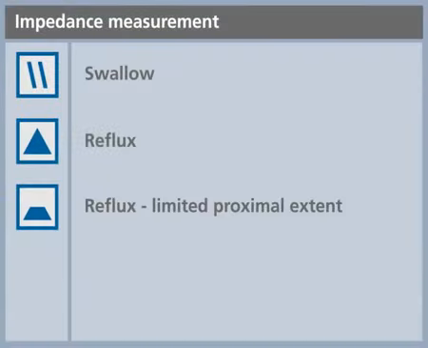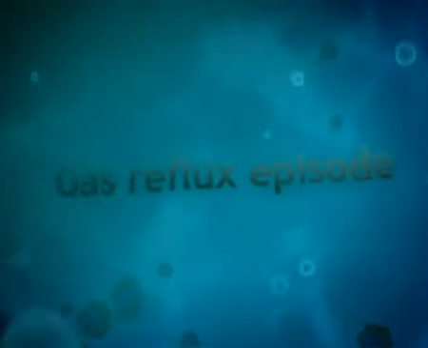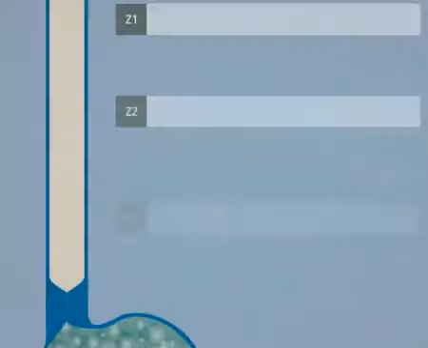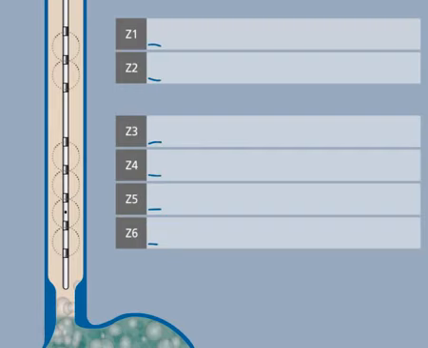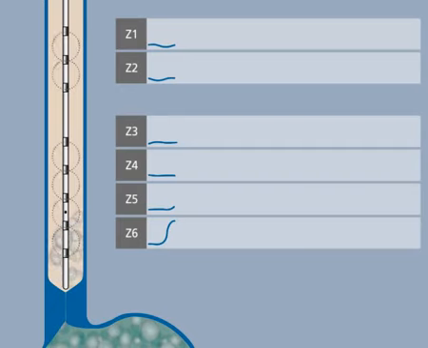We will now explain the impedance pattern of a gaseous reflux. Air is released from the stomach. This is a belch. When air touches two rings of a channel, the impedance increases.